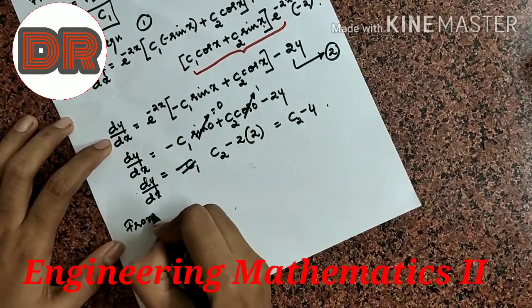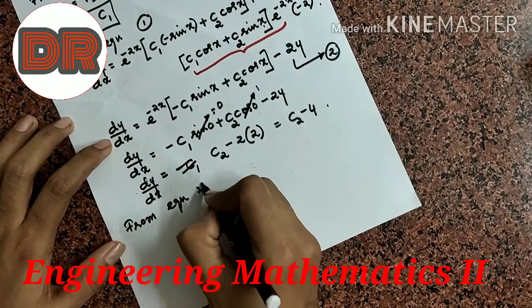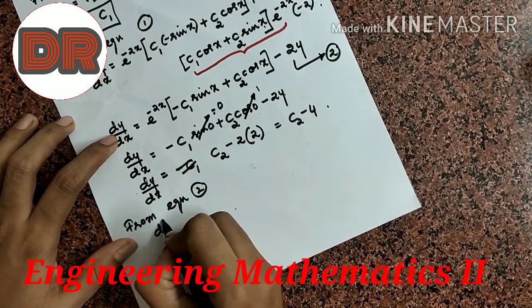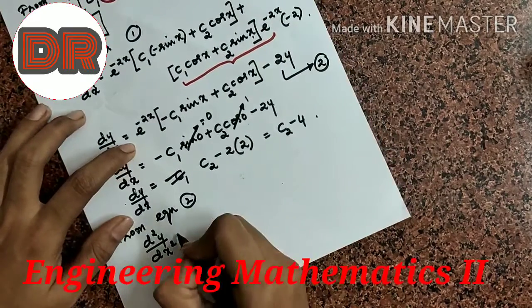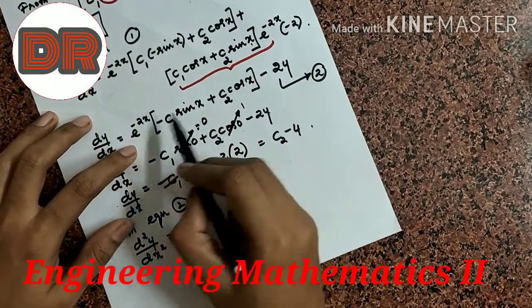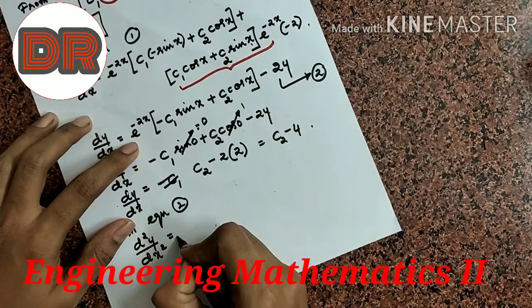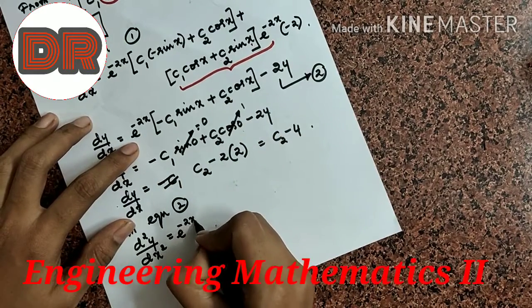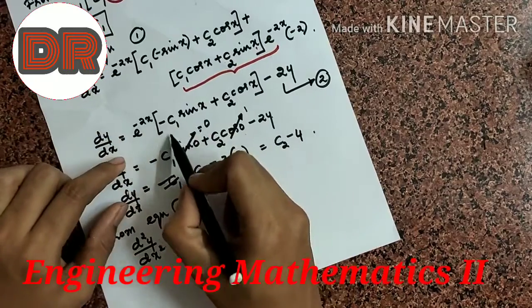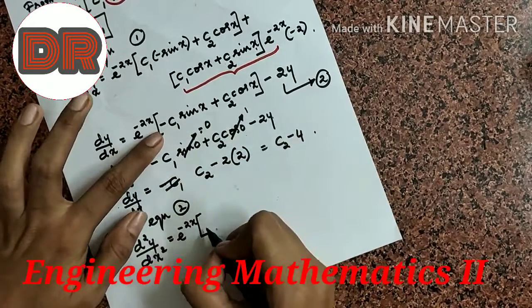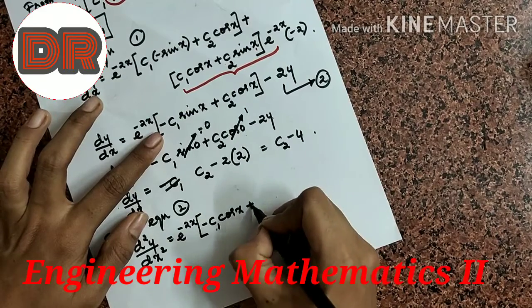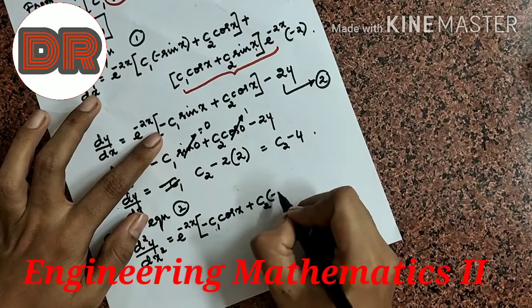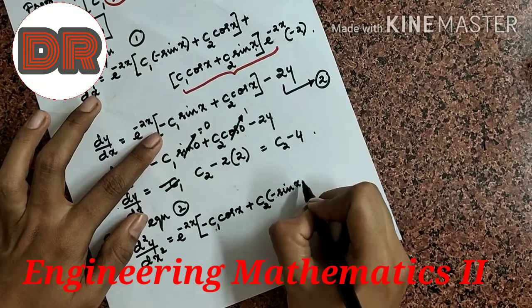So, from equation 2, when I differentiate this, this becomes d square y by dx square is equal to, again we have to use the product rule over here. Let me write the first term as it is and differentiate the second term. It is minus c1 sin x, differentiation is cos x, plus c2 cos x, differentiation is minus sin x.